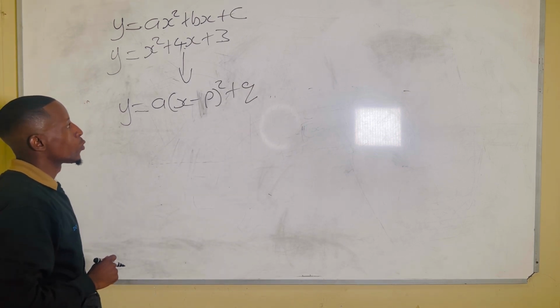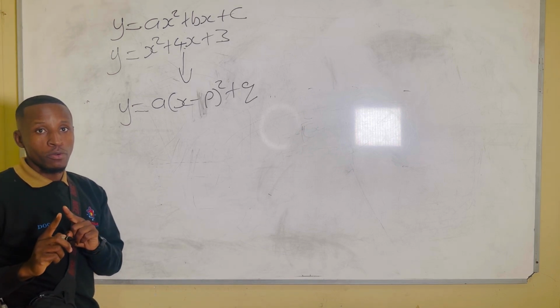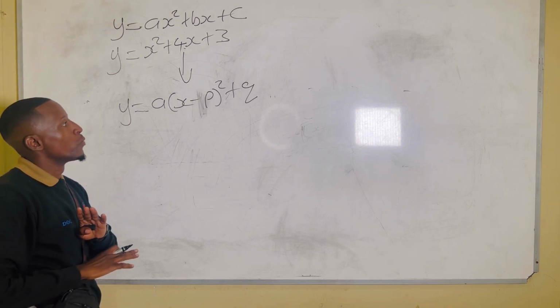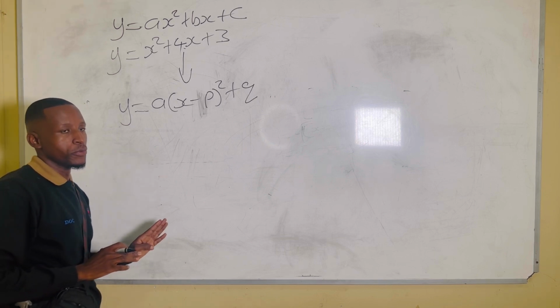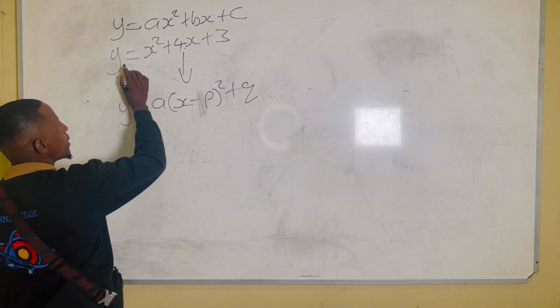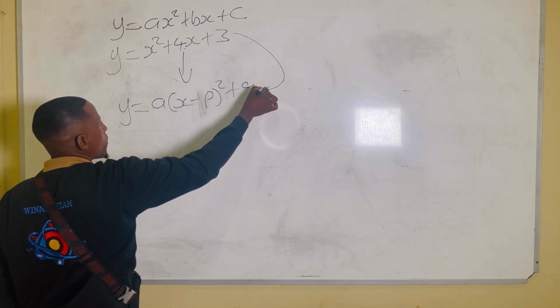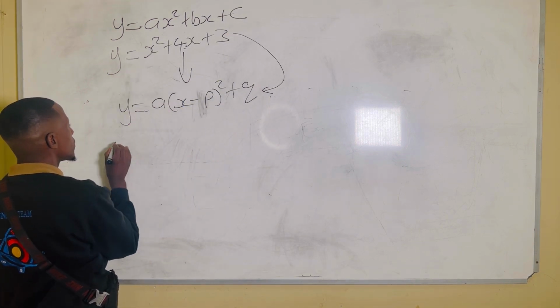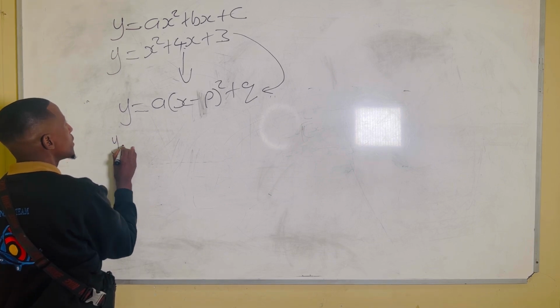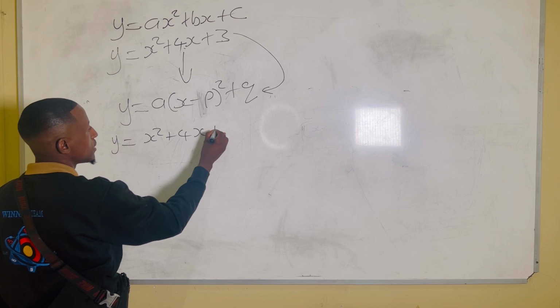To complete the square, I'll show you two methods. It's up to you which one is going to be better for you. So how do you complete the square? Remember, we want to convert from this format to this format. You take this equation, y equals x squared plus 4x plus 3.